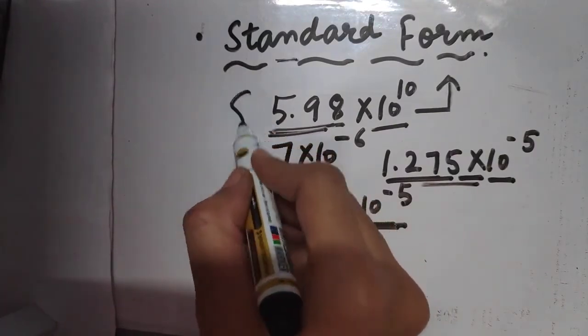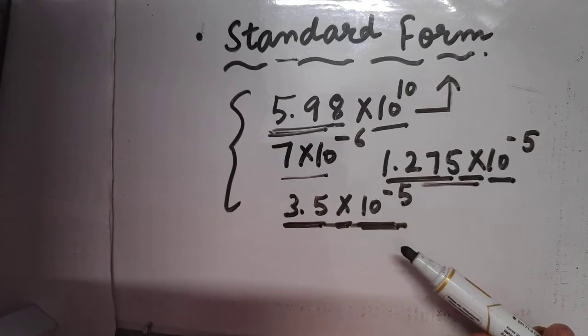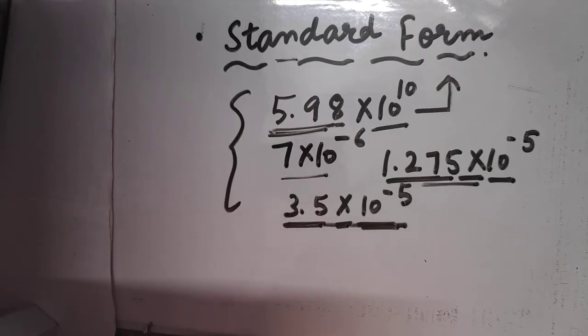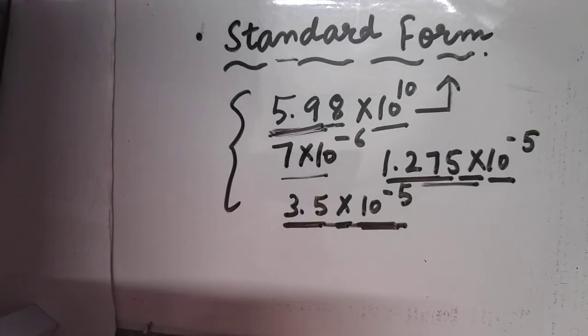All these are examples of standard form. Now, numbers may be given to us in this manner, then we are supposed to convert those numbers. So let us see now a few examples of how to convert very small numbers from decimal notation to standard form.